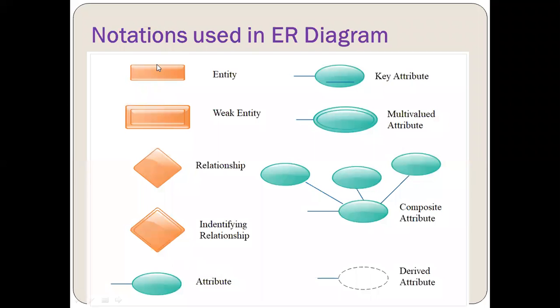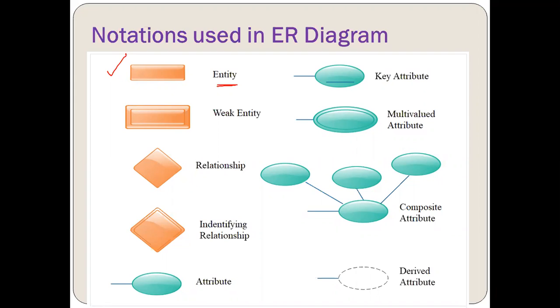Now, we need to first of all understand different notations we are going to use for the ER diagram. What are those? First of all, entity. How to represent the entity? Entity can be represented in a rectangular box, right? And what can be the entity? Entity can be a person.